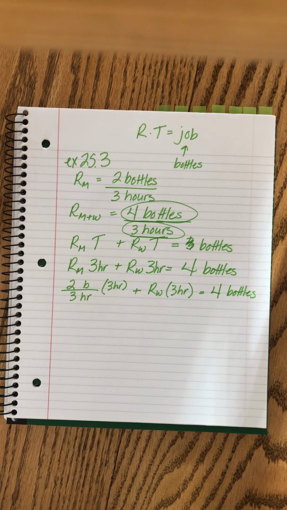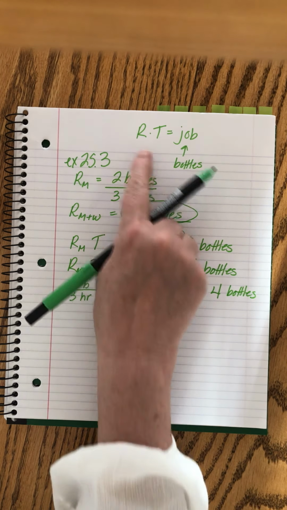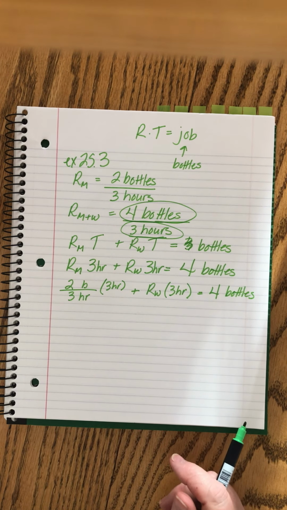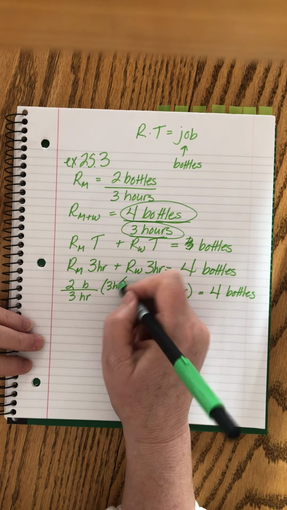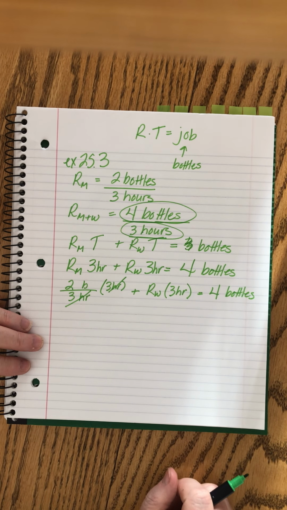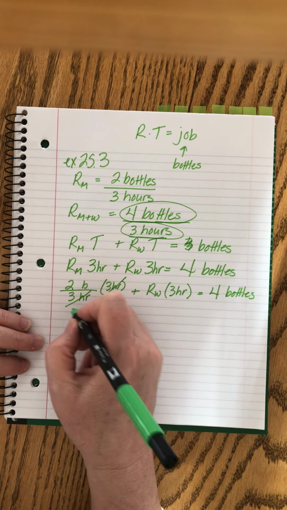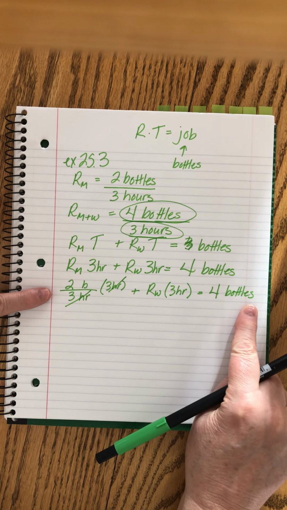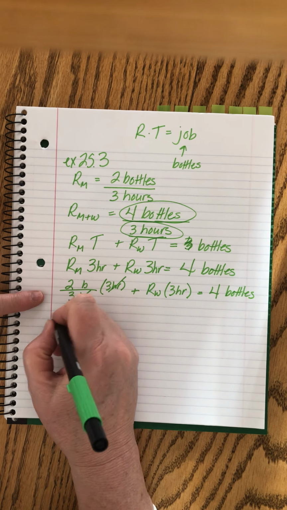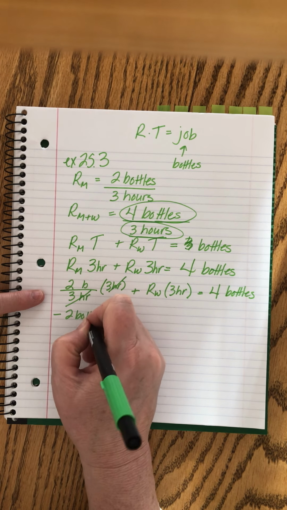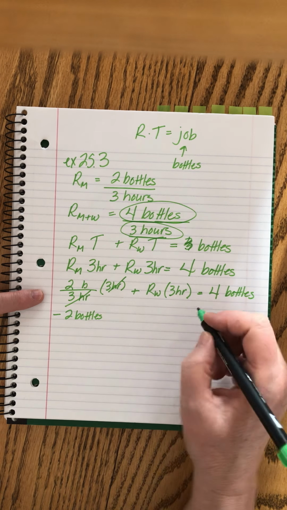Oh, that's so tricky to understand. We're just plugging in what we know and using this pattern as best we can. All right, this cancels, right? And what we can do is subtract 2 bottles. I'll write it out this time.